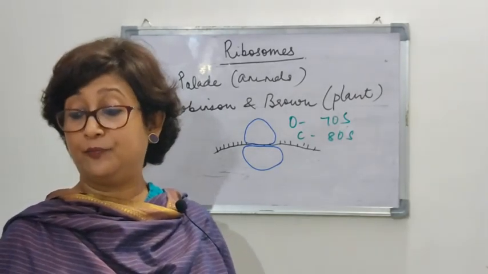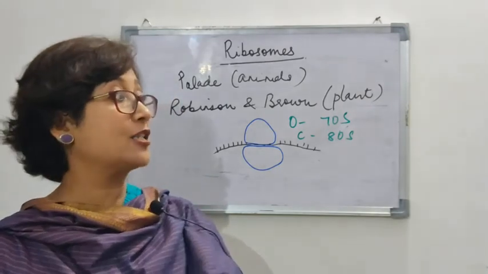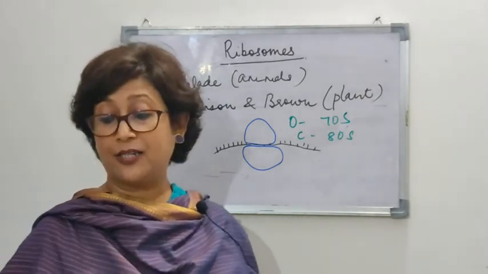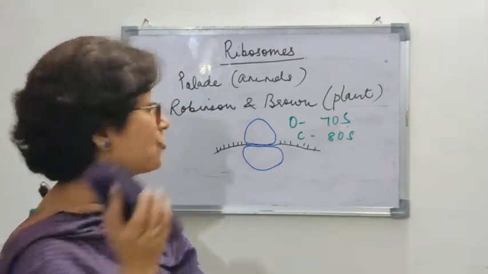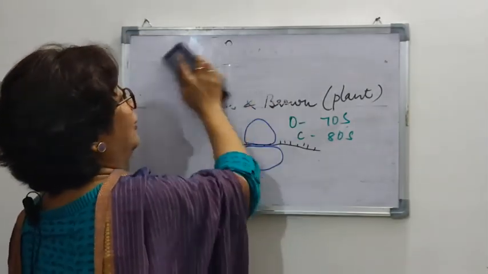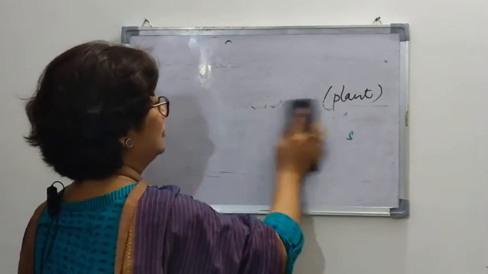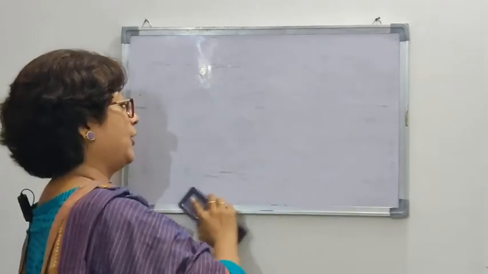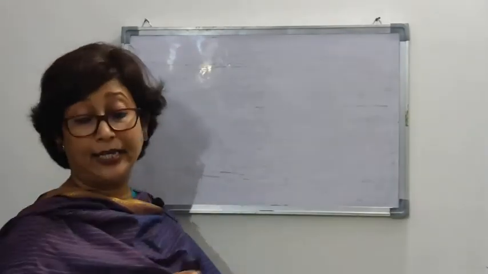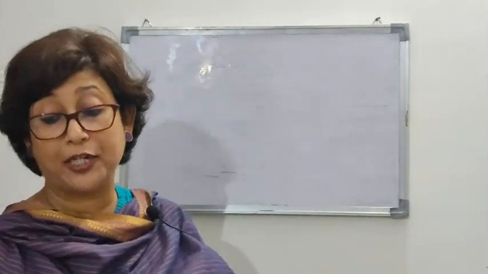And now we move on to the last part, that is the nucleus, right? The nucleus, a very, very important structure of the cell, is called the brain of the cell. And we know that the brain controls the whole body.